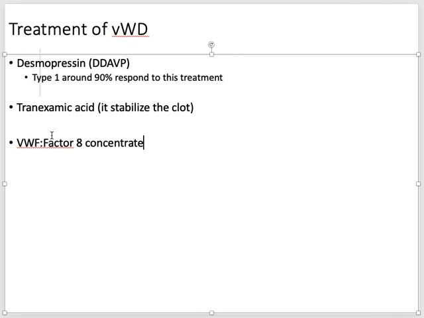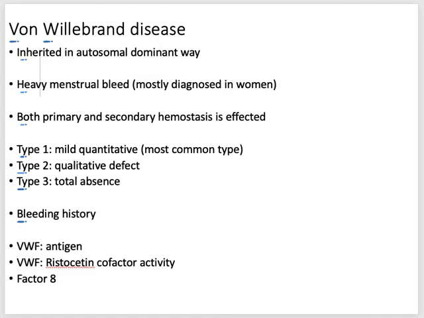So most of these patients are females, and most of them present to the gynecologist because of heavy menstrual bleeding. They do these investigations, and they find that the patient has von Willebrand disease. Okay, so that's why, guys, consider this condition in any patient who is having menorrhagia.